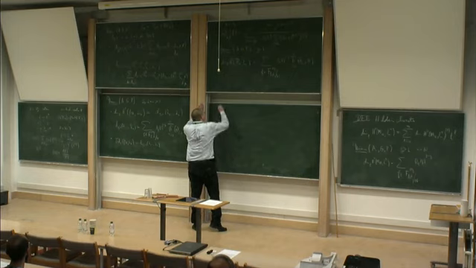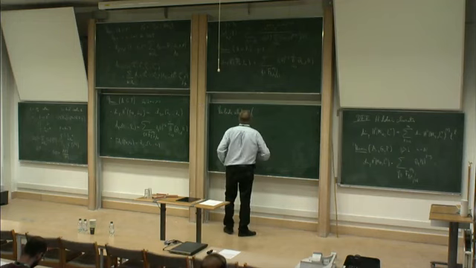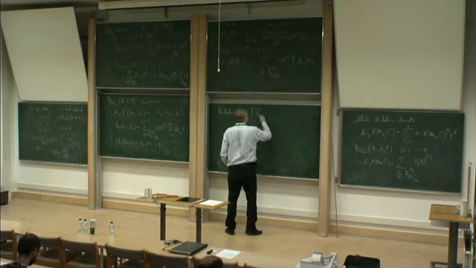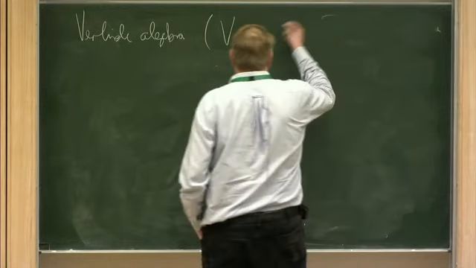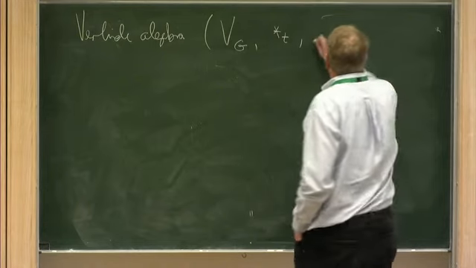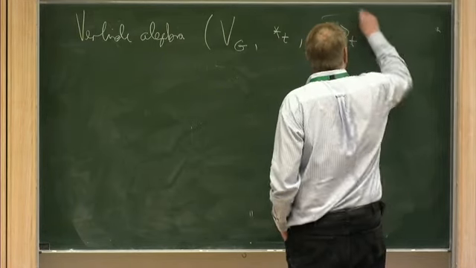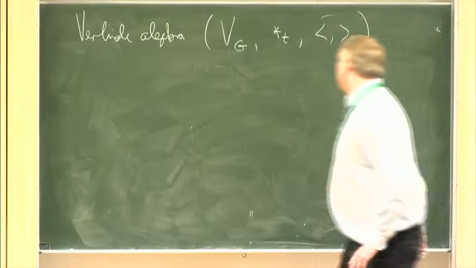And now you can simply introduce the Verlinde algebra. It's just going to be the usual thing. It's a finite dimensional vector space, but it's a Frobenius algebra, and this Frobenius structure is a product and an inner product, and they of course now depend on t, but it's a one-parameter family of such.